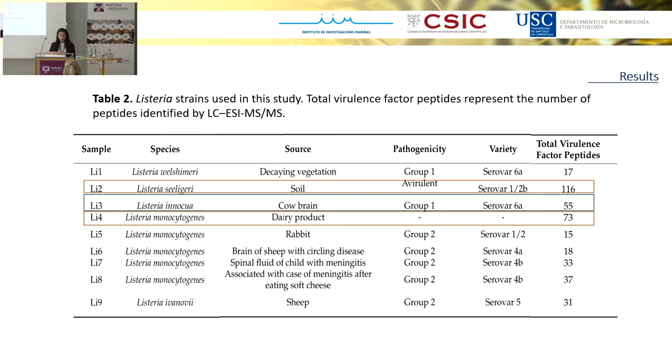However, strain 2 was previously described as avirulent. And for strain 3, that is a Listeria innocua species, we found 55 peptides related to virulence and it was described as group 1. And the remaining strains, in which we found fewer peptides, were described as group 1 and group 2 of pathogenicity.